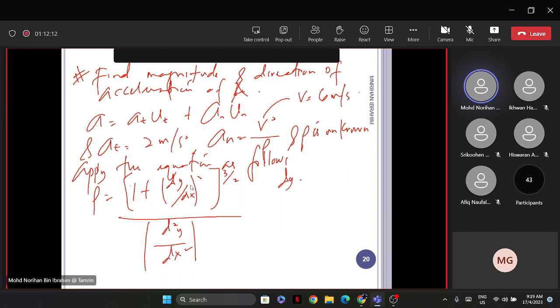So dy over dx, following the previous step, is equal to 1 over 10x. d to the 2y over dx to the 2 is equal to d over dx of dy over dx.